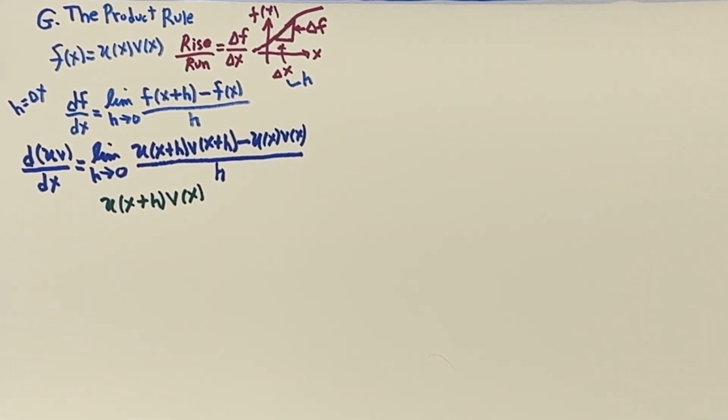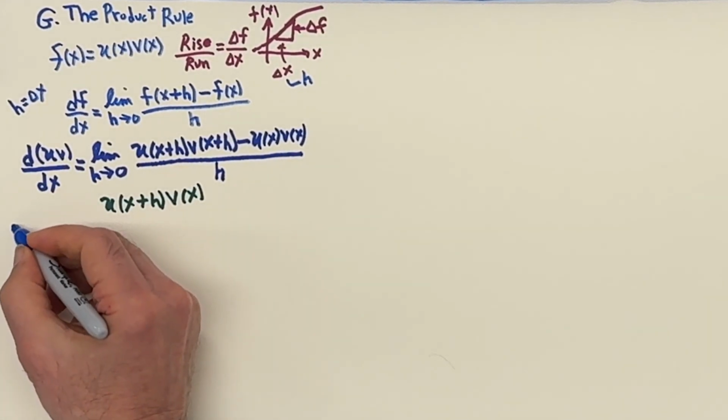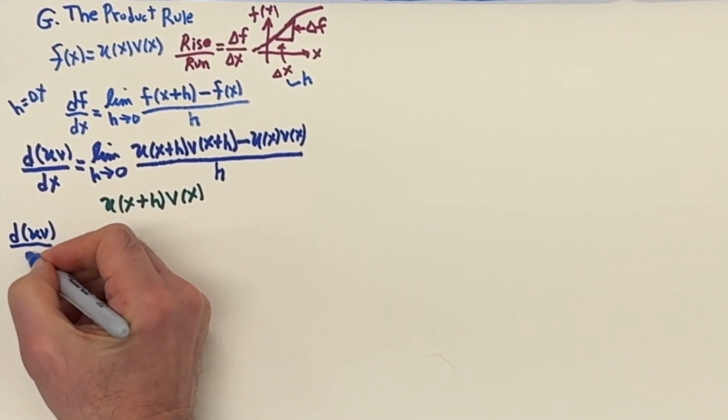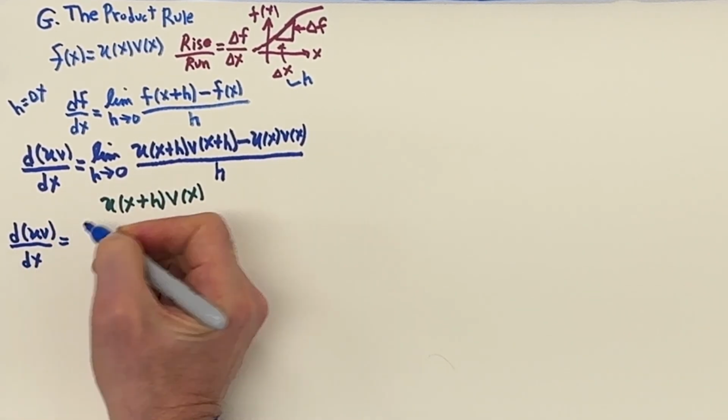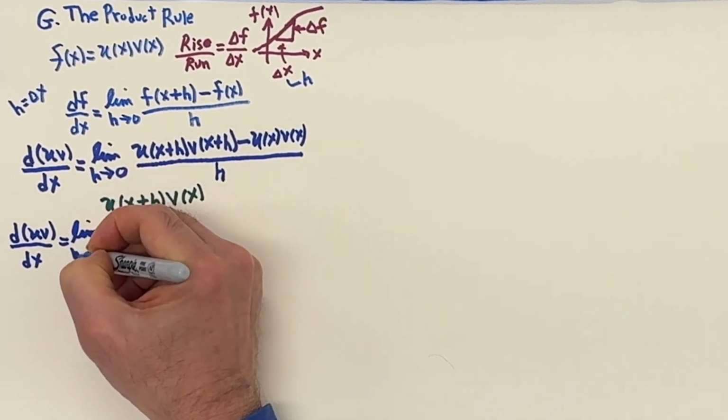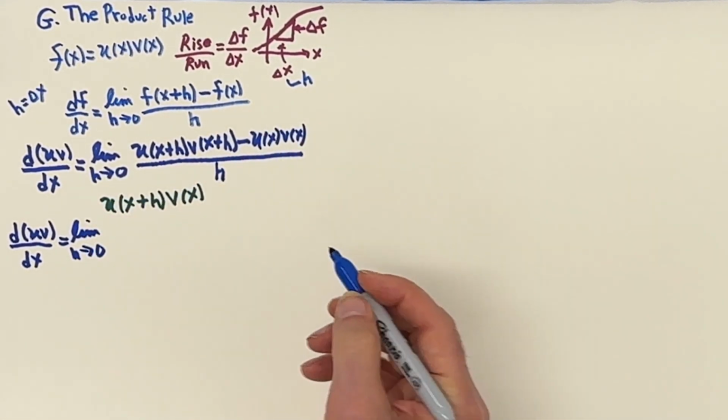I'm going to subtract and add that. So let's do that now in the numerator. So we have d uv, the product, dx is equal to, and we'll have the limit as h goes to 0.